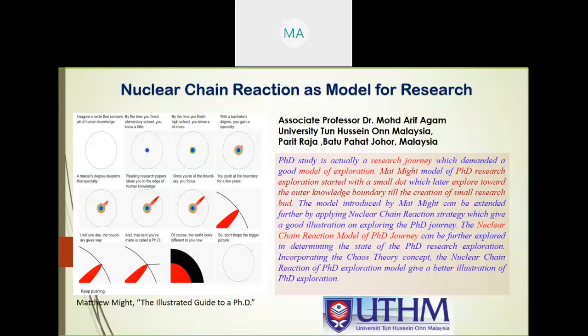The paper is actually about how to explore PhD research, and it's also how to explore how to become a genius, because that is my passion to look into the possibilities of ways on how to become a genius. I know it's a very difficult topic, but I think we just need to start somewhere.